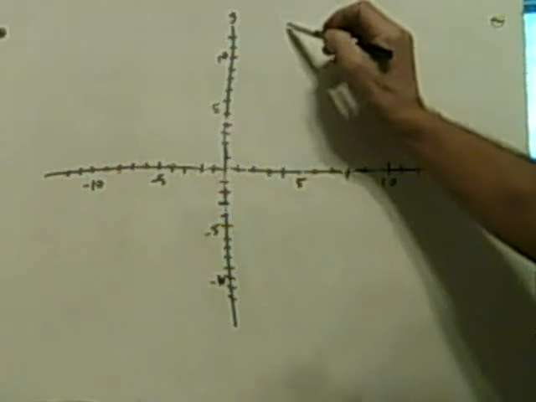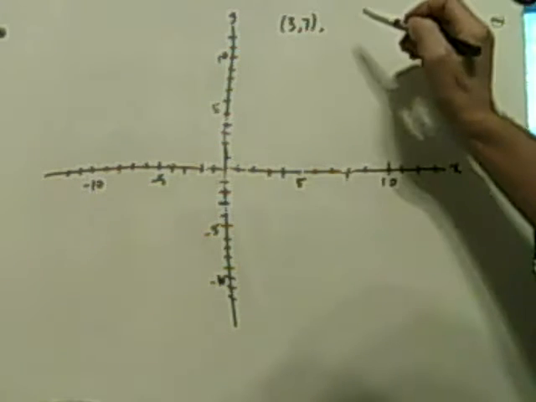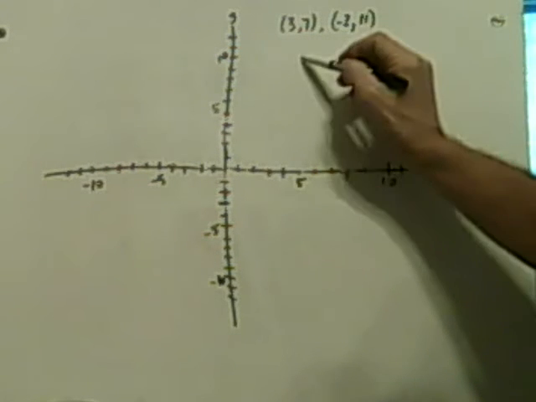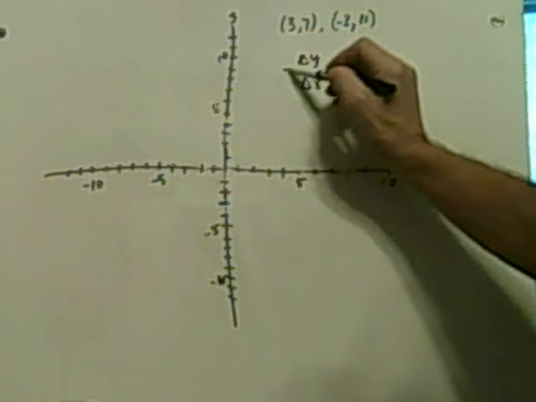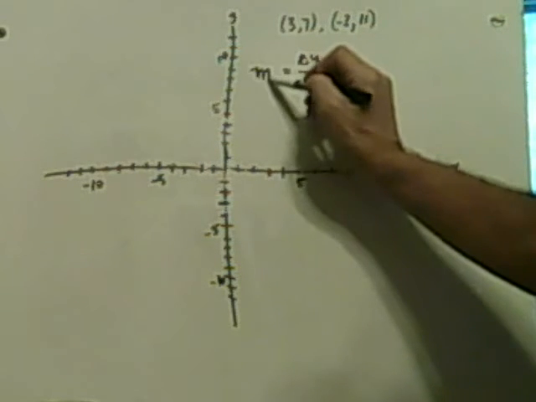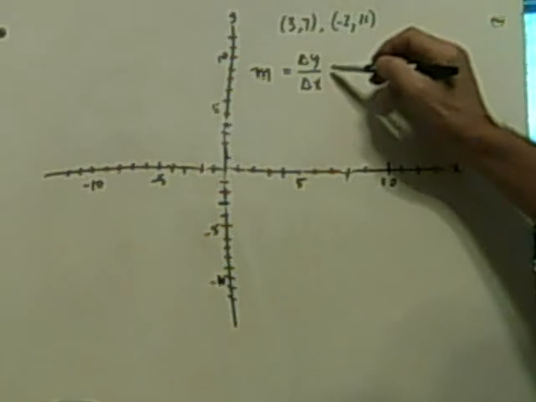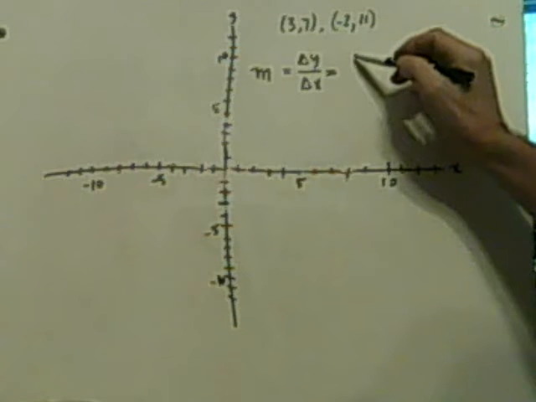Okay, now let's go to number 6. (3, 7), (negative 2, 11). Delta y over delta x. This is also known as the slope. For some reason, the letter m has been used for the slope. Don't ask me why. Just the way it is.